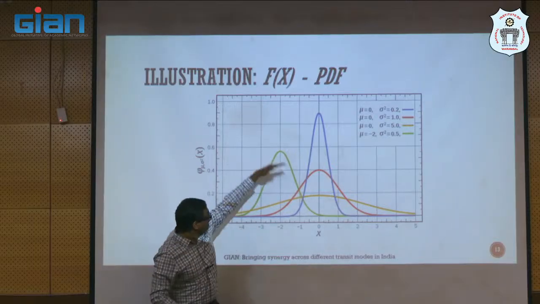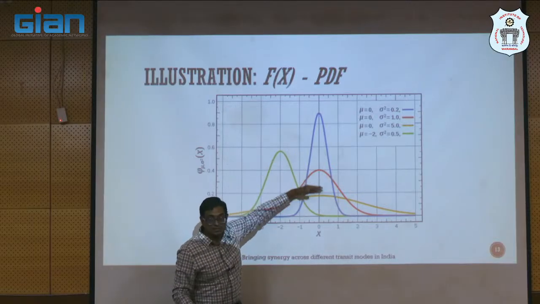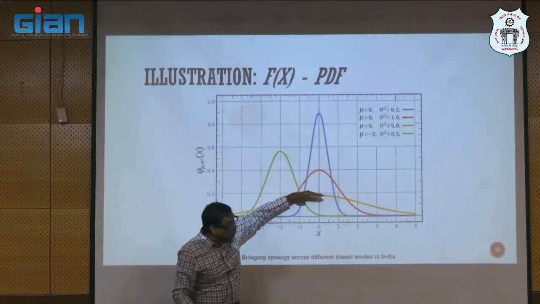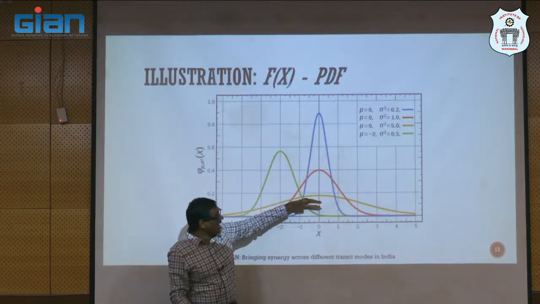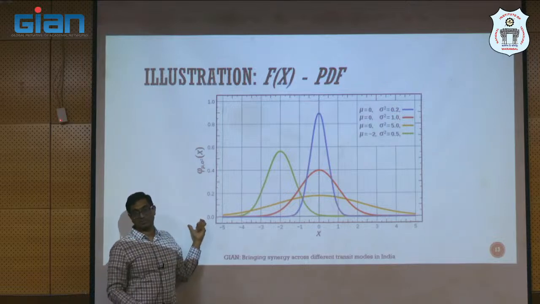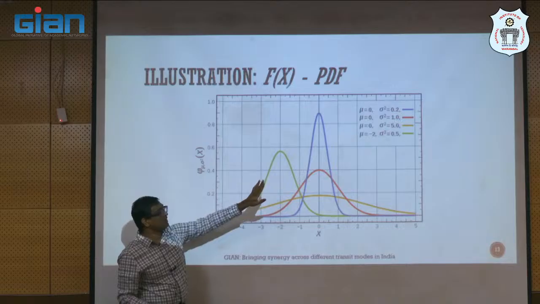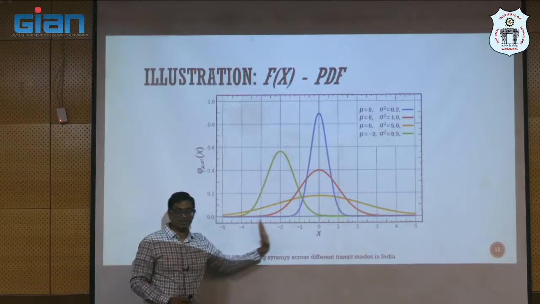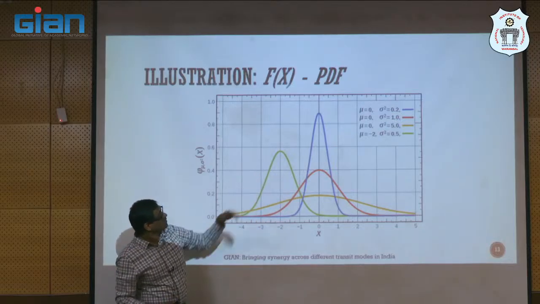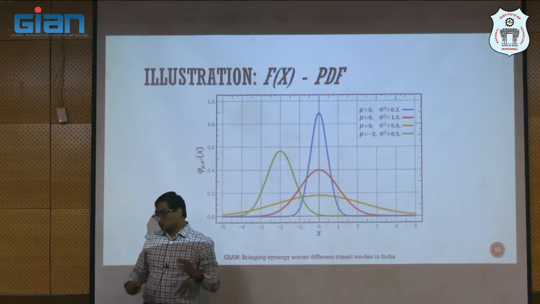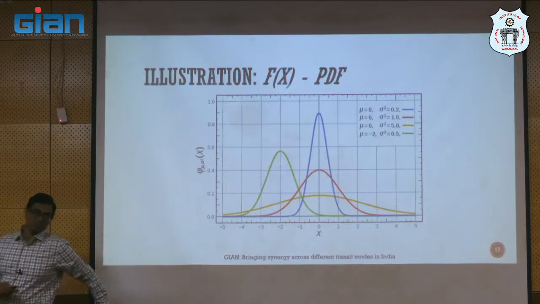The higher the variance, the lower the height, and we have larger spread. The green one is simply another example where I moved the mean to -2 with a variance of 0.5. This is just to show how a normal distribution would work.